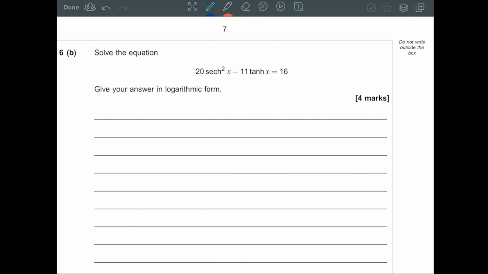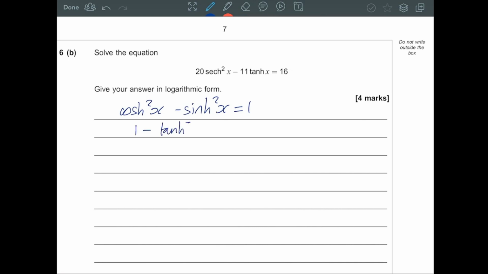Now, if you've memorized all of those Pythagorean identities, good job. Otherwise, just remember one and go and rearrange to find the others. So that's the one that I remember. I want sec, so I'm going to divide through by cosh squared.